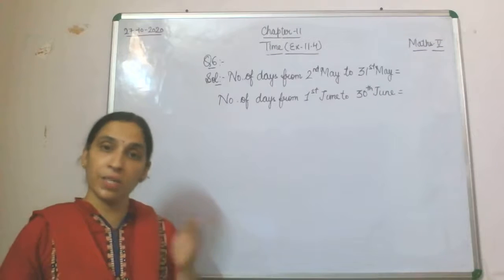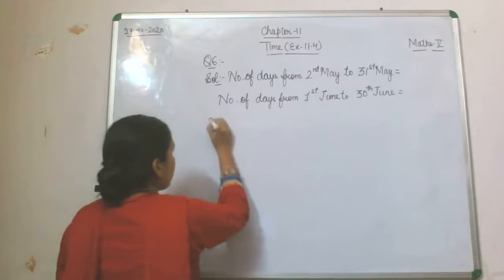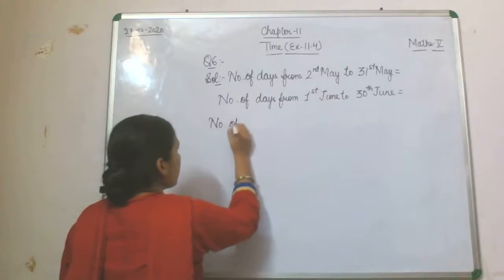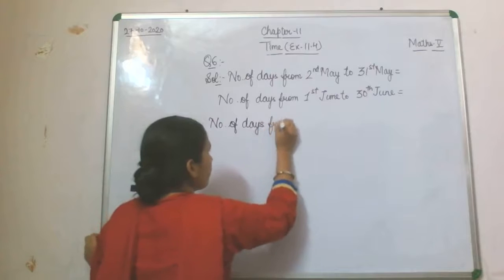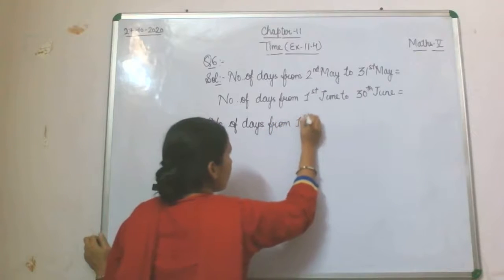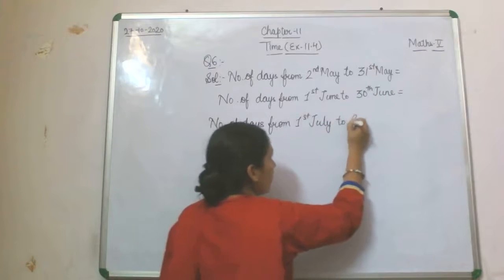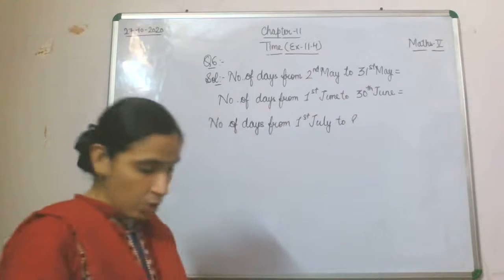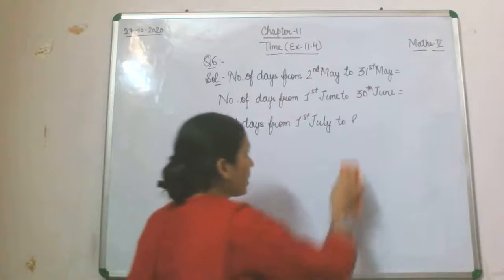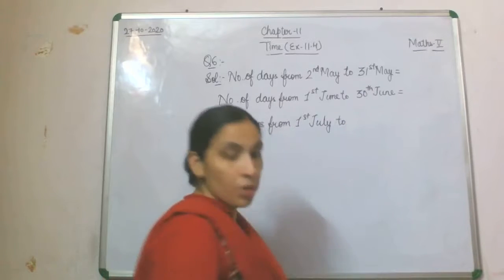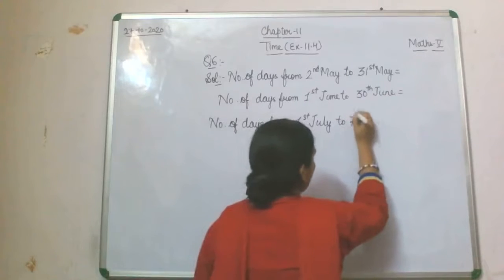So the first day you include. Then next is number of days from 1st July to 8th July. Now 8th July will not be included, because on 8th July your school started working. So you are going to include only till 7th of July.